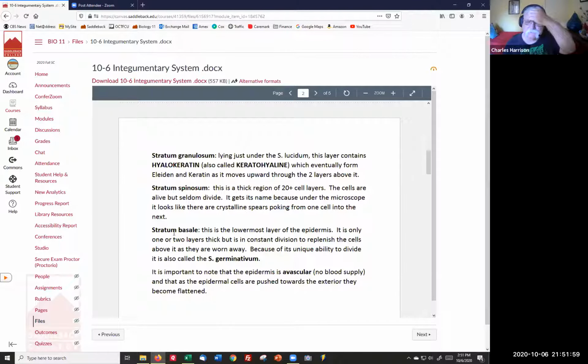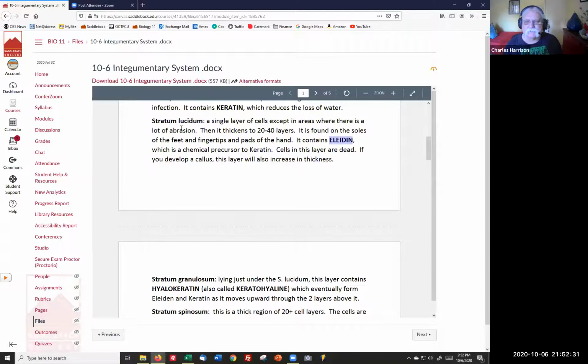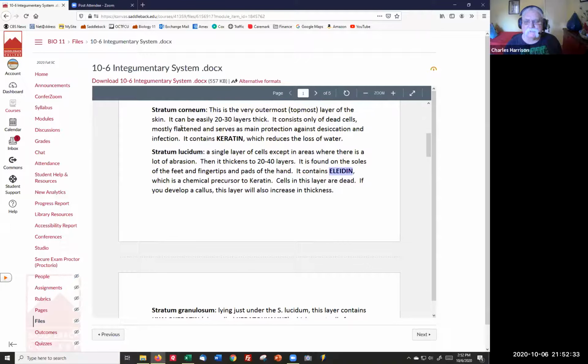It's only one or two layers thick, but it is in constant division to replenish the cells above as they're worn away. So the stratum basale will produce cells that become the stratum spinosum, and then produce more cells that push the stratum spinosum into the realm of the stratum granulosum, and then to the stratum lucidum and the stratum corneum.